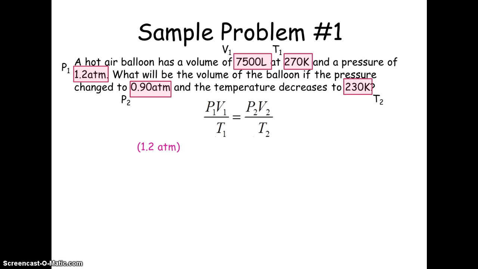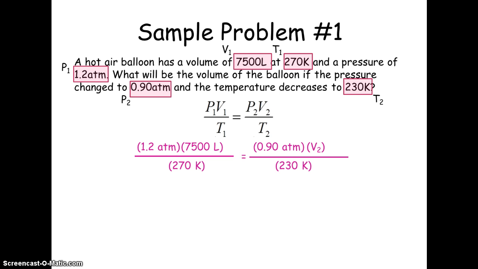So we plug in our numbers, 1.2 times 7,500 divided by 270 is equal to 0.90 times volume 2 divided by 230 Kelvin. So what's left is needing to solve for volume 2. And to solve for this, we want to cross multiply, just like in Charles' law.